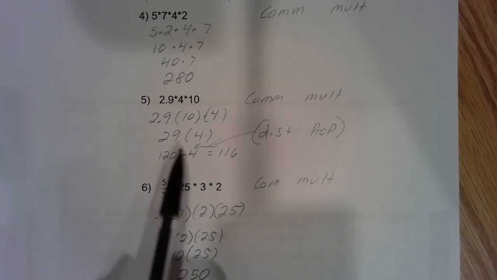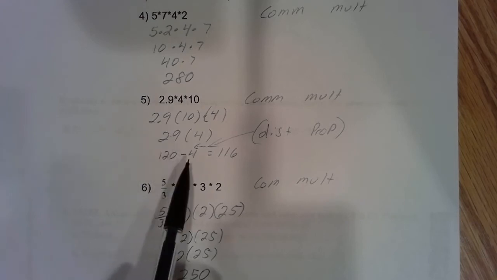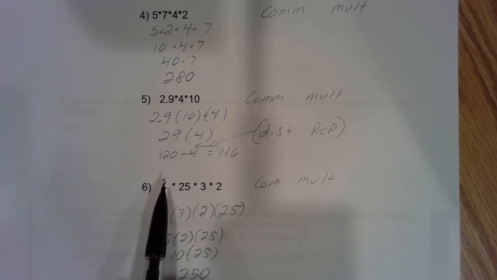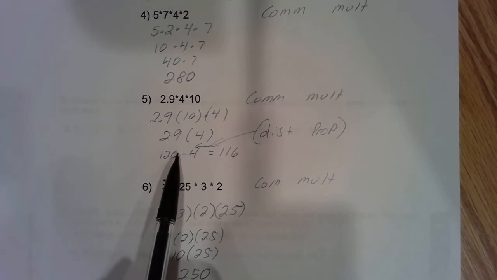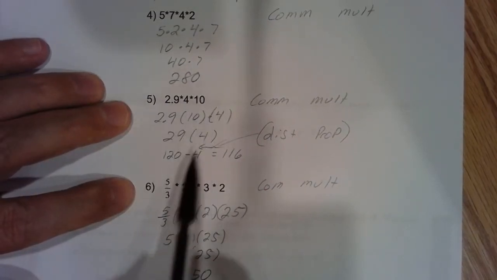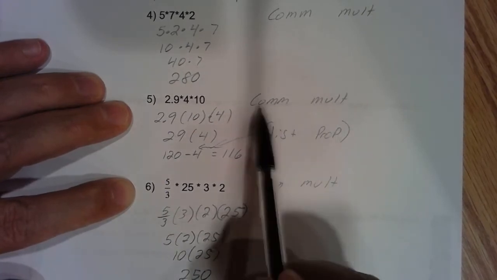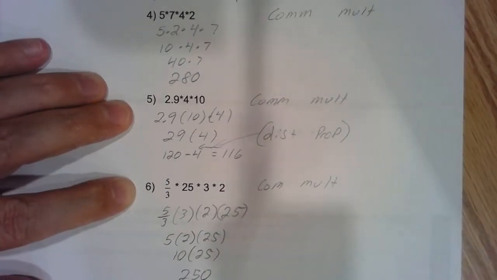Why the minus 4? Because I have to take one of my groups of 4 away from the 30 to get 29. So I get 116. We're going to show that in more detail in the next lesson. The key here is, can you multiply those to get 116? Do you understand the commutative properties when you're doing it?